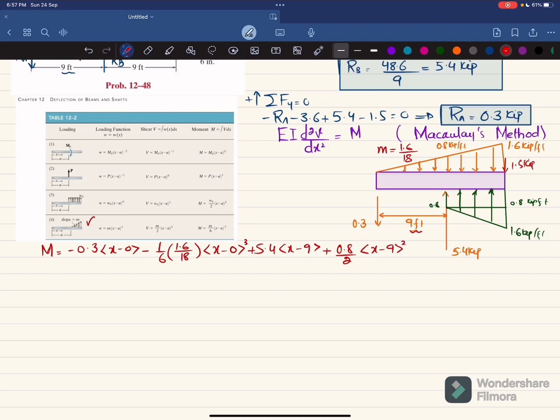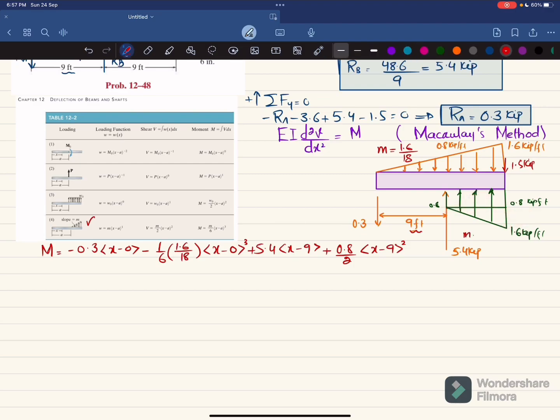Okay, and the last load is this uniformly increasing load that starts from 0.8 till 1.6. So slope m for this will be equal to perpendicular. This remaining height will be 0.8. So 0.8 divided by this base, which is 9 feet. So this will be the m.